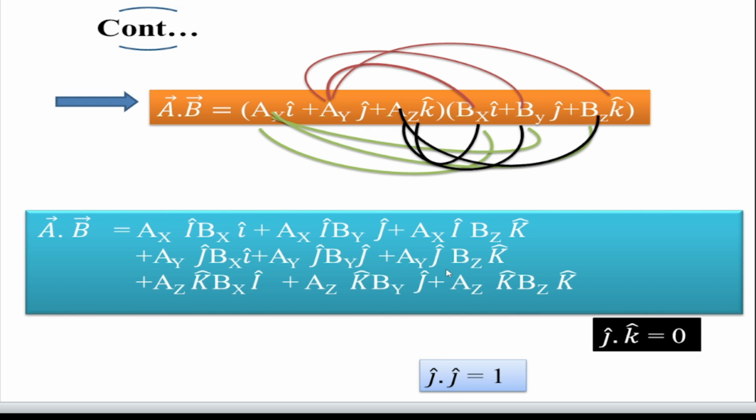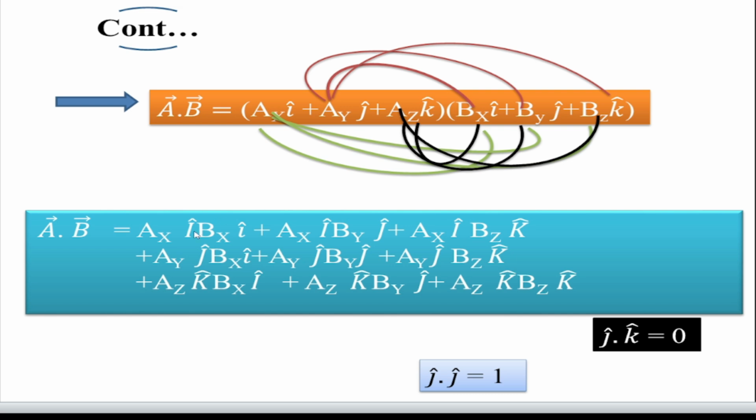Great. What we have discussed earlier: the dot product of two vectors can be calculated as the product of the magnitude of each vector and the cosine of theta, where theta is the angle between them.